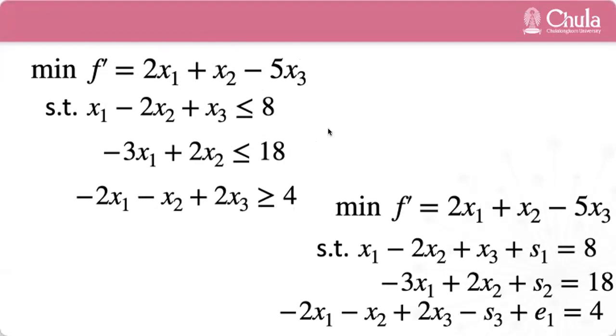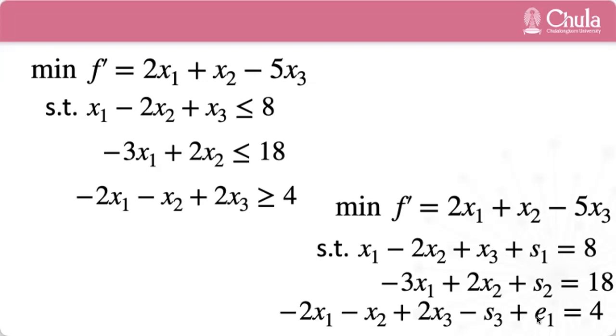And then from this one, this is lesser than or equal, so you add slack variable just plus s1. Here also you add just plus s2, but here it's greater than or equal, right? So you have to subtract slack variables and plus e1.